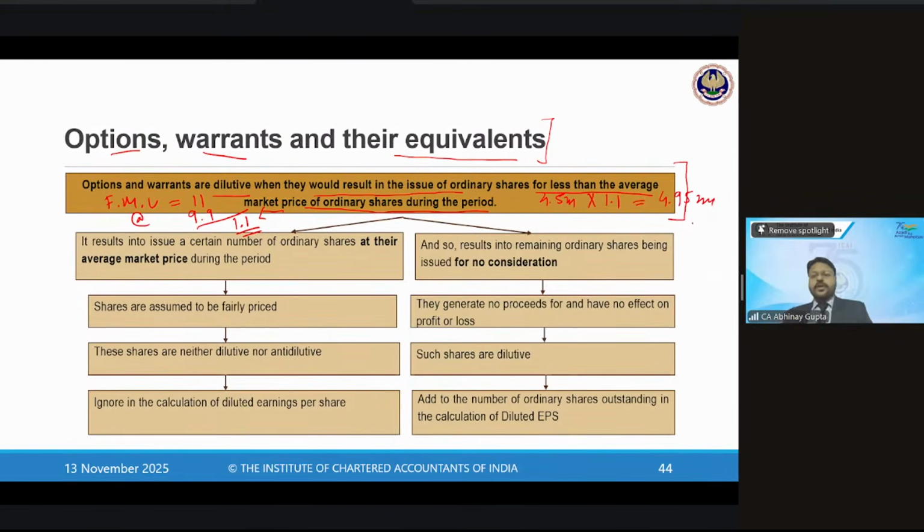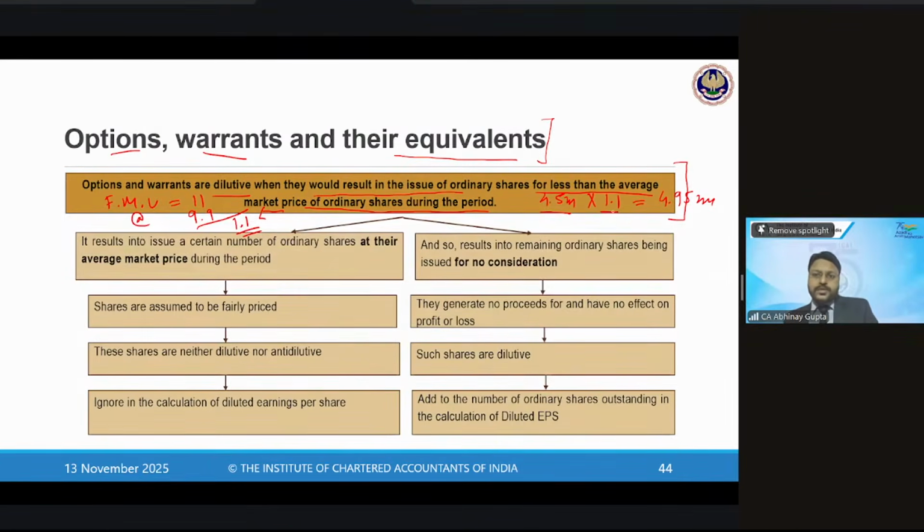Now, what does this 4.95 mean? Is it a number or a value? It is the value, because we calculated the number of options, 4.5 million, into the benefit per option.